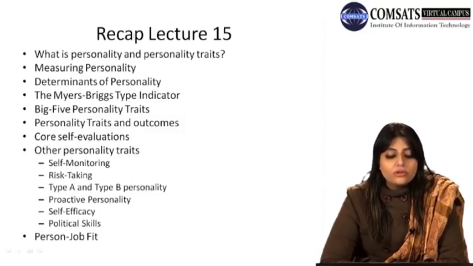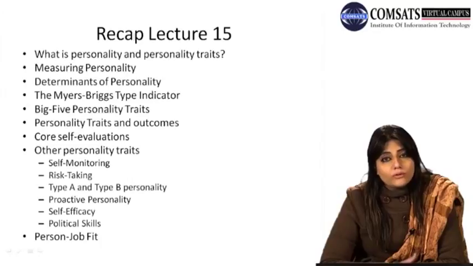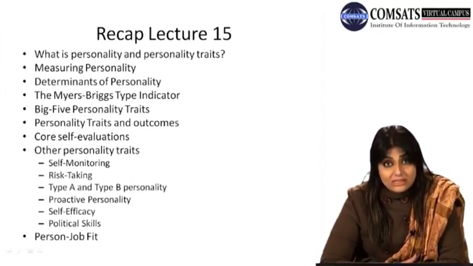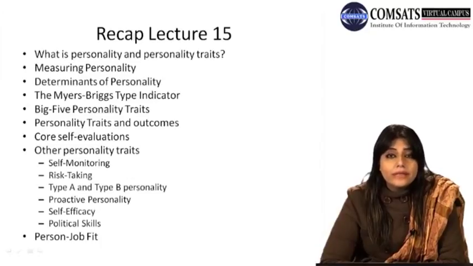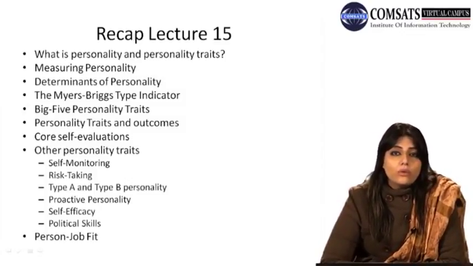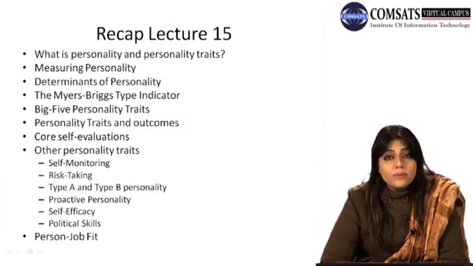Then we had a discussion on the Myers-Briggs Type Indicator, which is one of the oldest indicators to measure personality, consisting of 100 items. We saw how this indicator identifies 16 different personality types of individuals, and what the consequences are of the various combinations of these traits, and what kind of personalities emerge as a result.